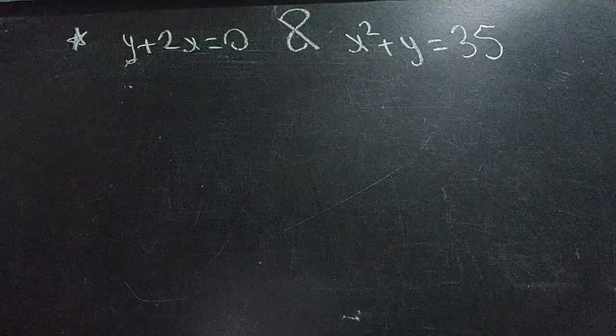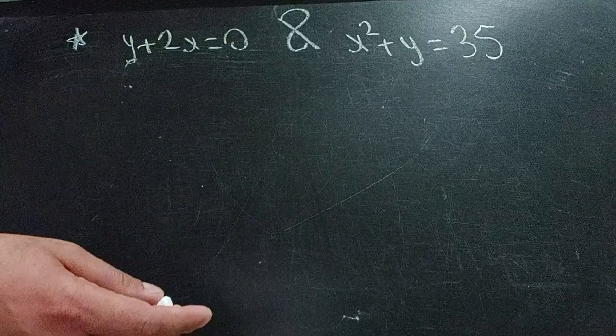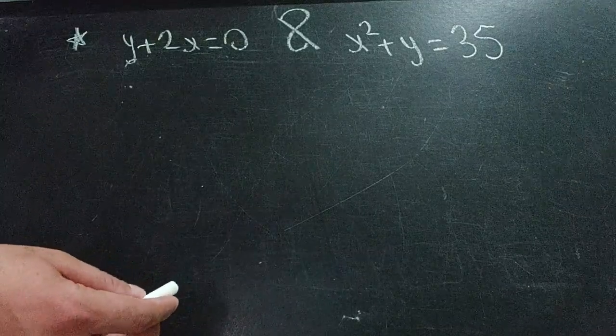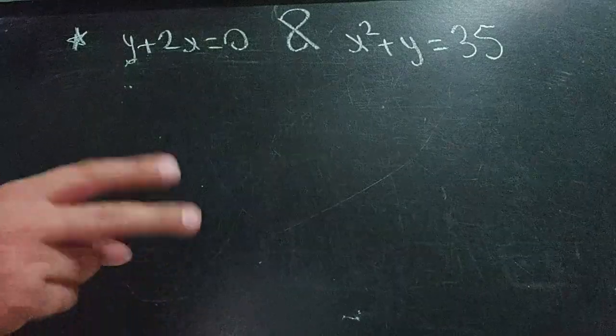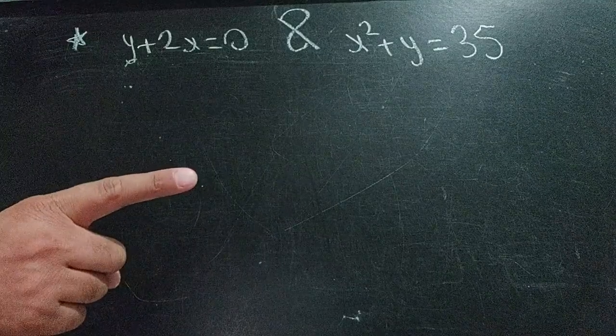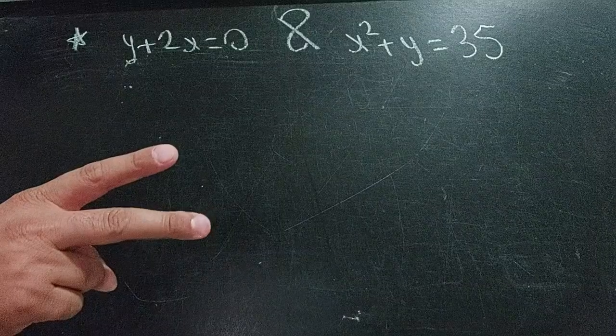Welcome ladies and gentlemen. In this lesson I'm going to show you how to solve simultaneous quadratics. In simultaneous linear equations we have two methods to solve questions. One of them was elimination, the second one was substitution.